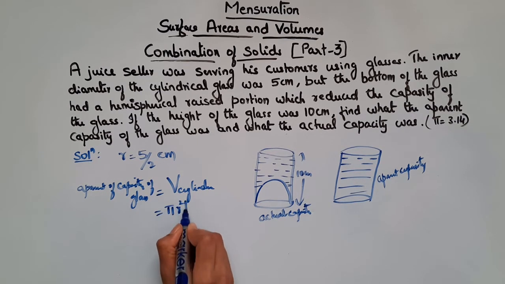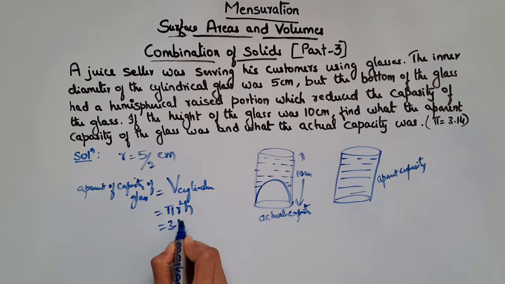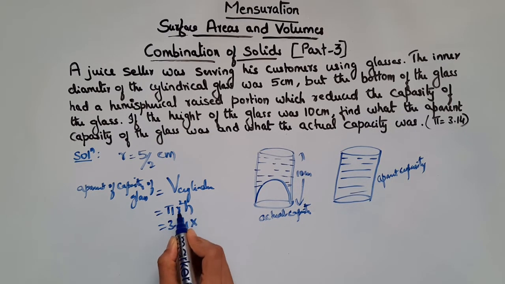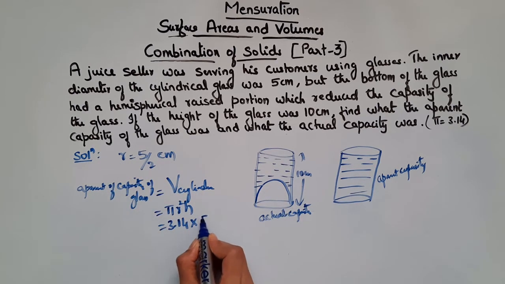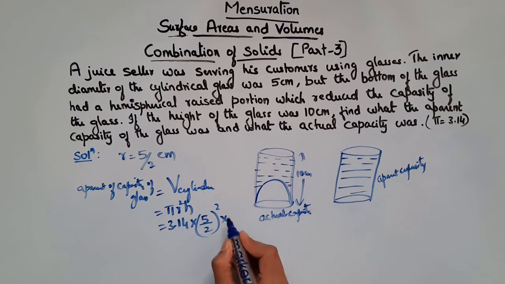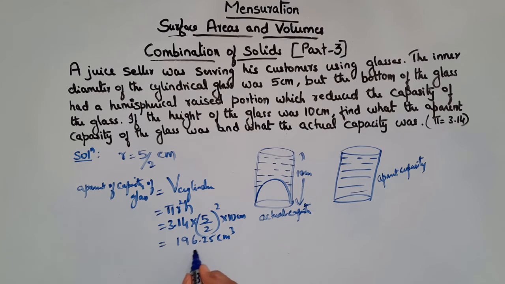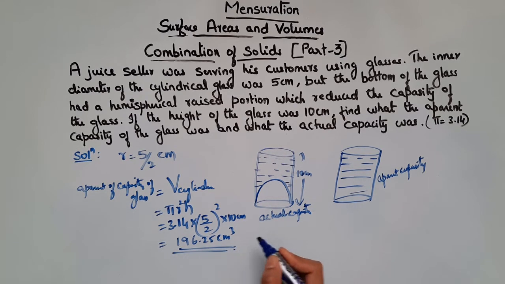So pi, they have said it is 3.14, into what is r? R is the radius. So radius is 5 by 2, the whole square, into height. Height is given as 10 cm, which is equal to, when you simplify this, 196.25 centimeter cube. This is volume, so centimeter cube. We are talking amount of juice, so it's a volume, right?